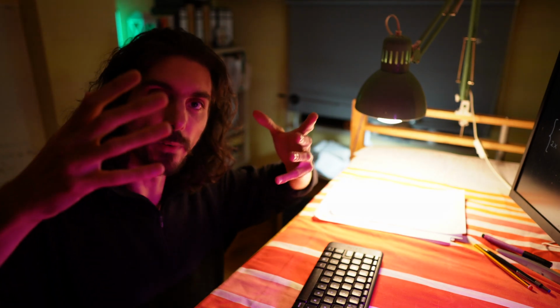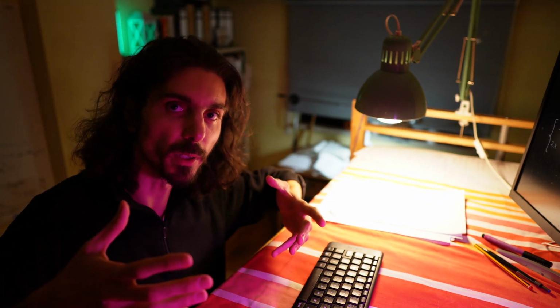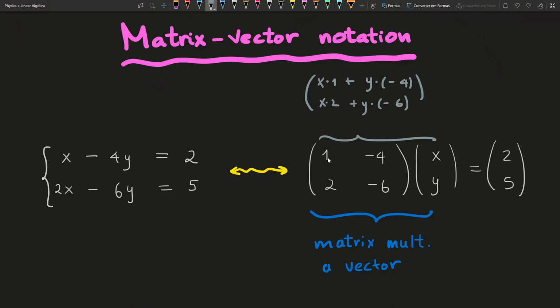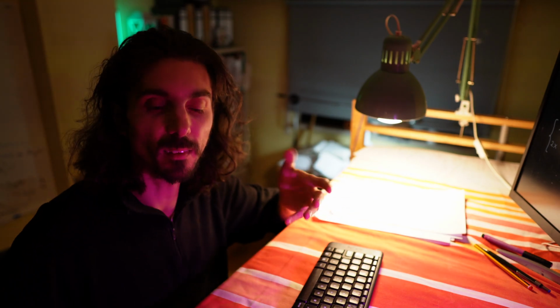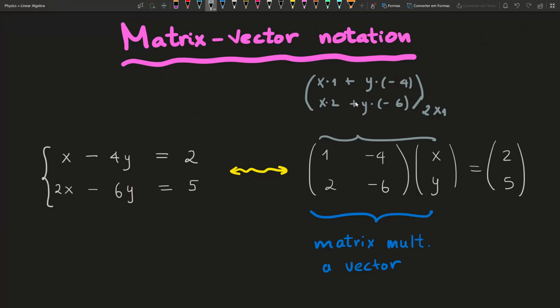So from the multiplication of a 2 by 2 matrix times a column vector, you get a column vector as well with two entries. The first entry is this calculation. The second entry is this calculation. So the matrix times this column vector is in fact a shorthand notation for this column vector that you find here.